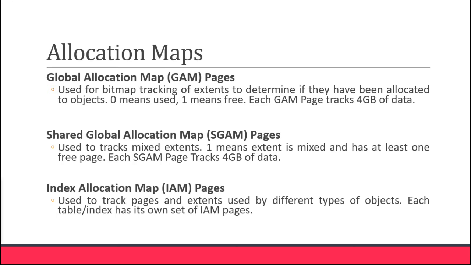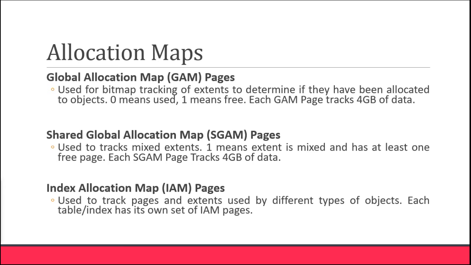So when you write data in SQL Server, it uses that information in the global allocation map to determine where to put your next set of data. There is some work to be done in determining where to write your data in the physical structures based on the information in these global allocation map pages.